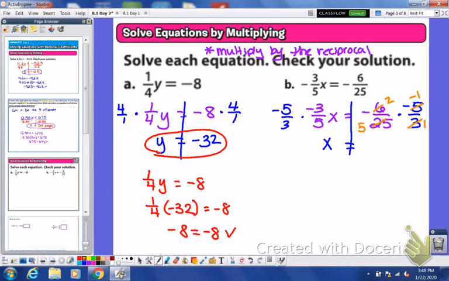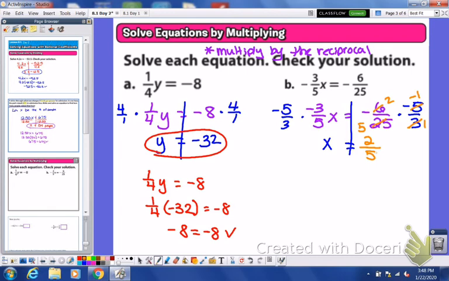So now -2 times -1, I know the two negatives multiplied together give me a +2, over 5 times 1 gives me 5. Double check, I can't reduce 2/5, so I know that's my answer, hopefully.